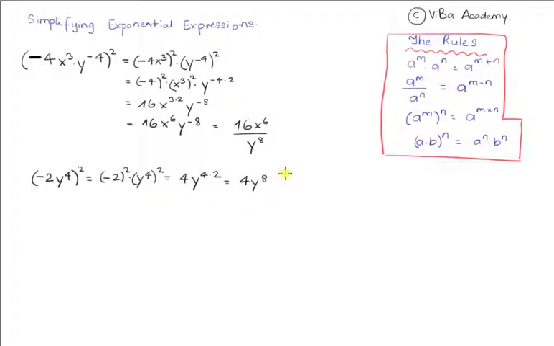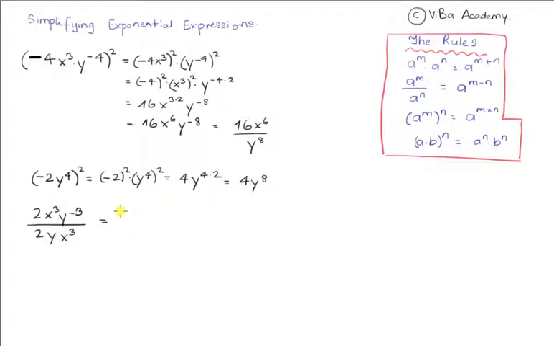Alright. Let's do a few more quickly. 2x cubed y raised to negative 3 over 2y x cubed. Now it's all multiplication in the numerator, all multiplication in the denominator.